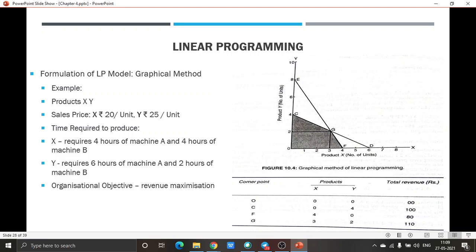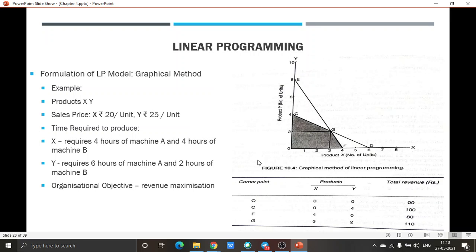Now the time required to produce product X is 4 hours of machine A and 4 hours of machine B, whereas product Y requires 6 hours of machine A and 2 hours of machine B. The organization in total has 24 hours of machine A and 16 hours of machine B.